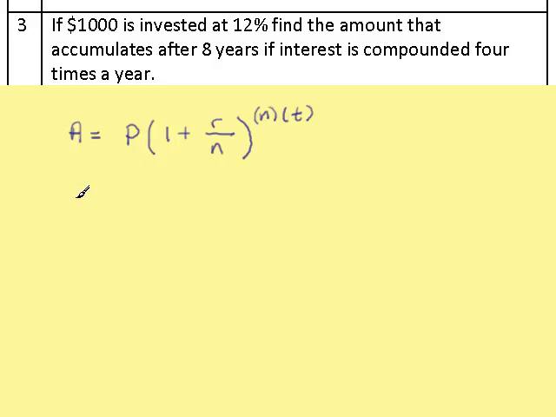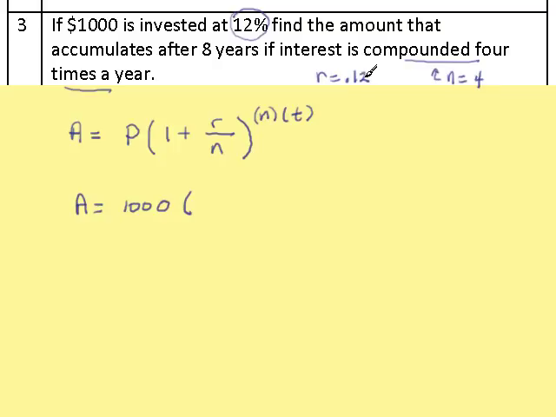All right, so let's see what we have here. Here we have an investment of $1,000. It's invested at 12%, and the interest is compounded 4 times a year. 4 times a year, that means n is 4. And 12%, so r is 0.12.